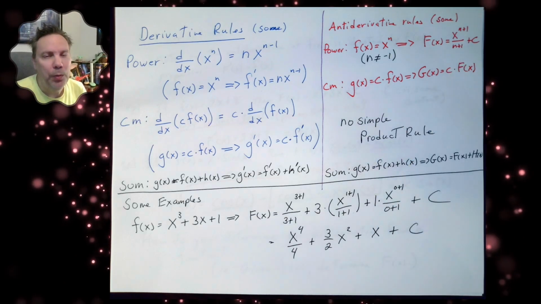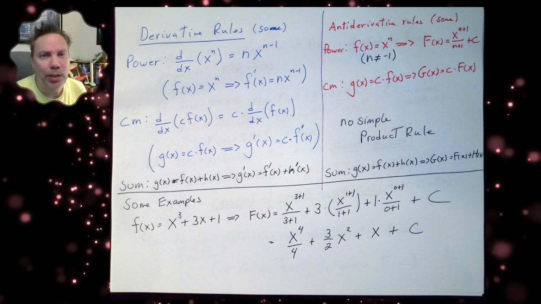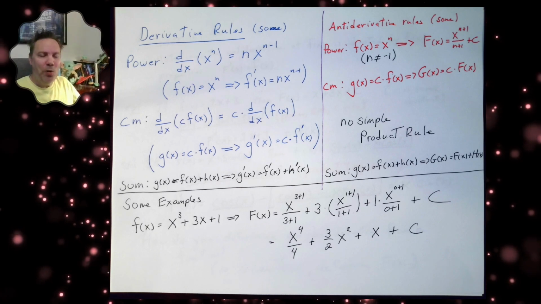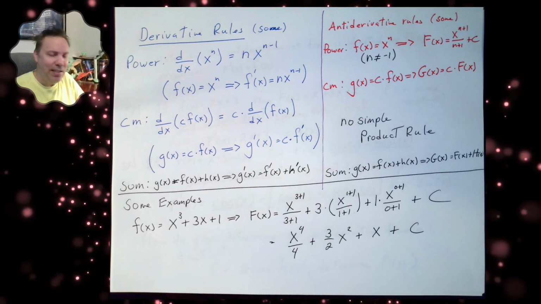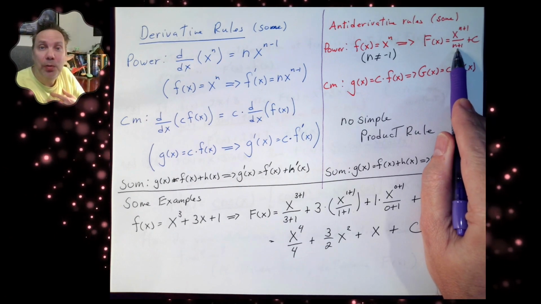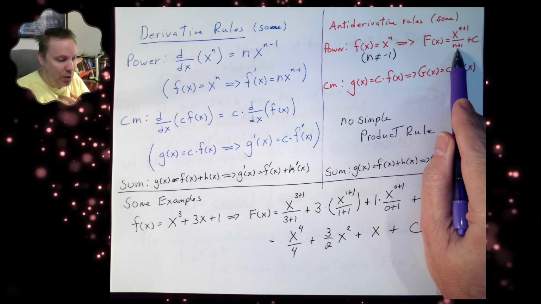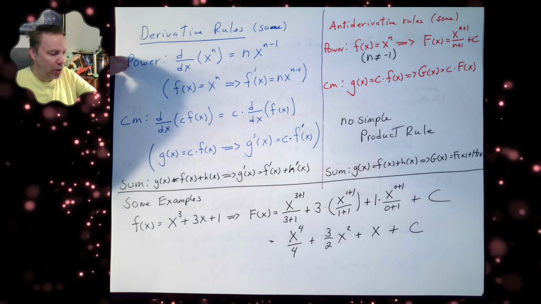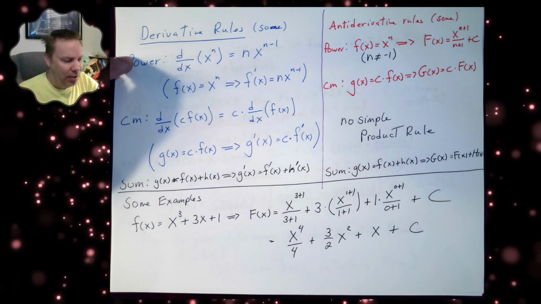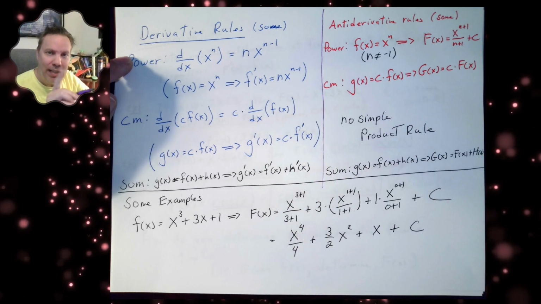Now, when we divide, we have to be really careful that we do not divide by 0. So I have to remove the case where n is equal to -1, because if n is -1, I get a 0 in the denominator. So while the power rule works for any exponent that I want under differentiation, this power rule has a limitation.